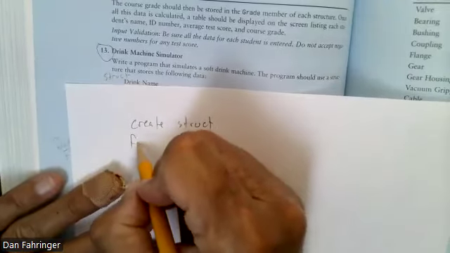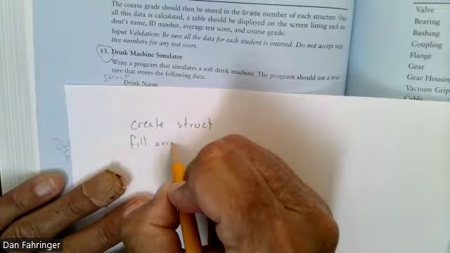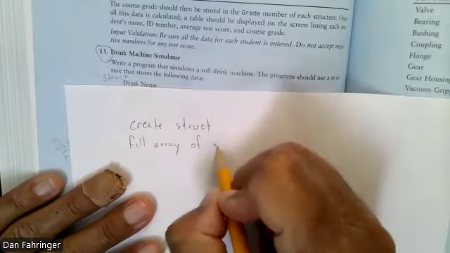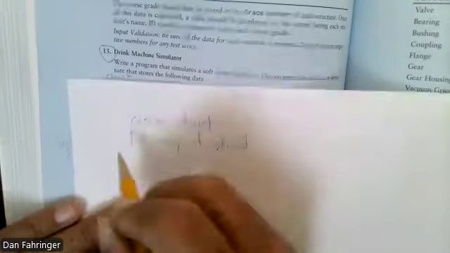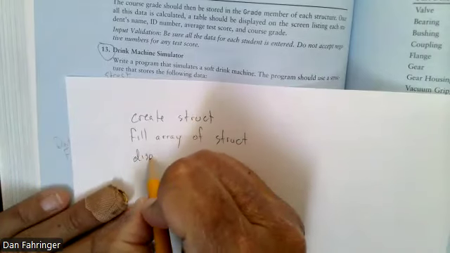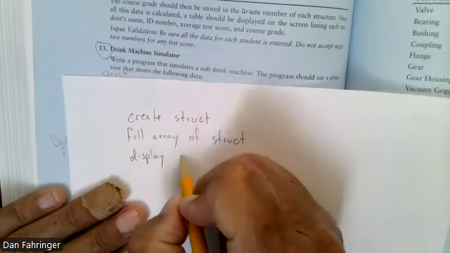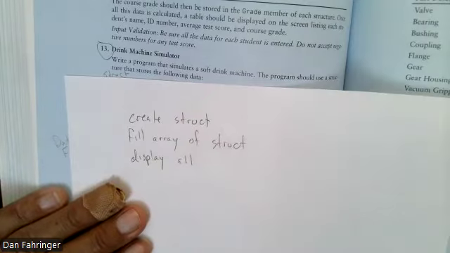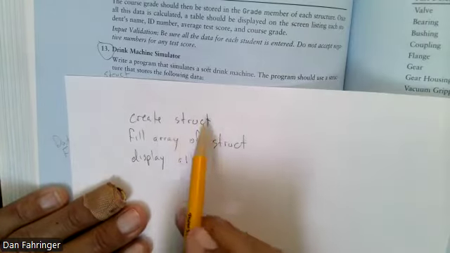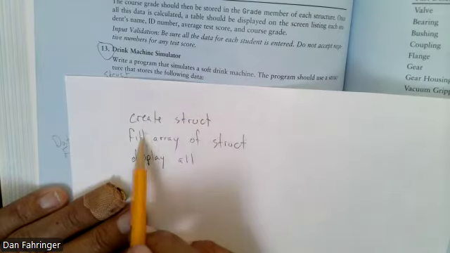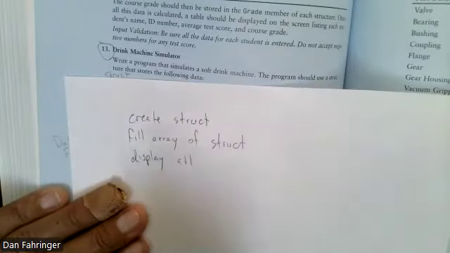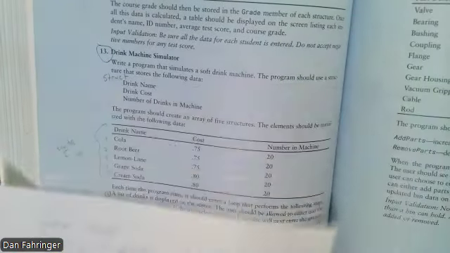I'm going to fill the array of structs. I'm going to display to make sure it all works. Display all. Step by step. Do this, compile it, make sure it runs. Do this, compile it, make sure it runs. Work through everything.